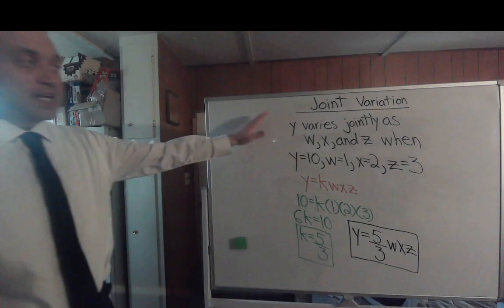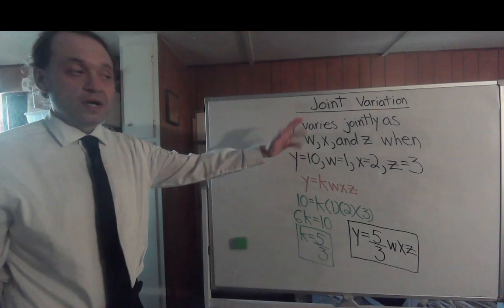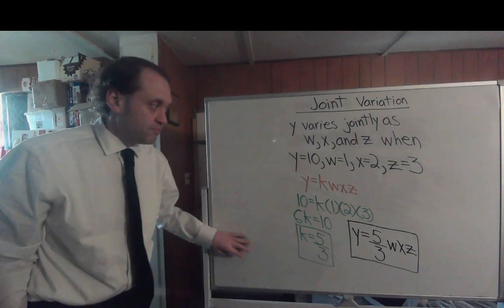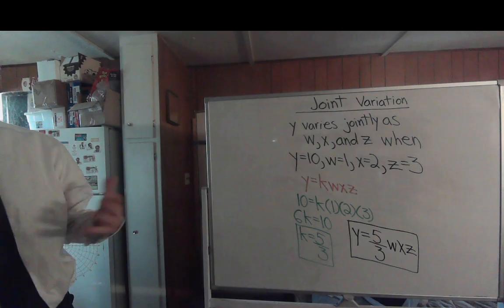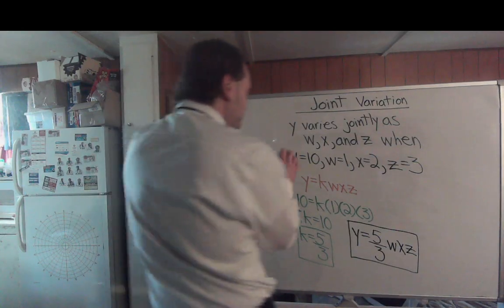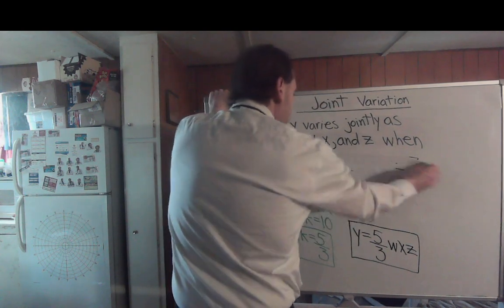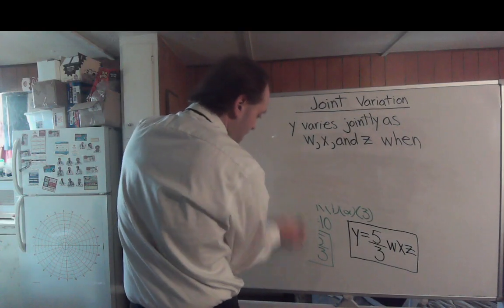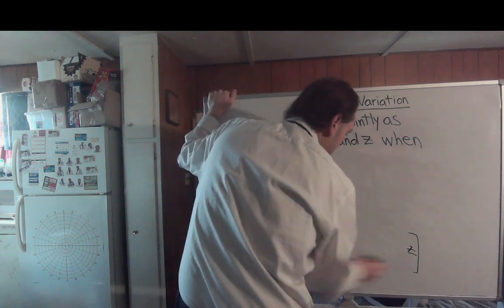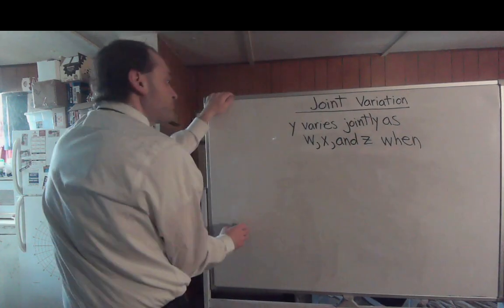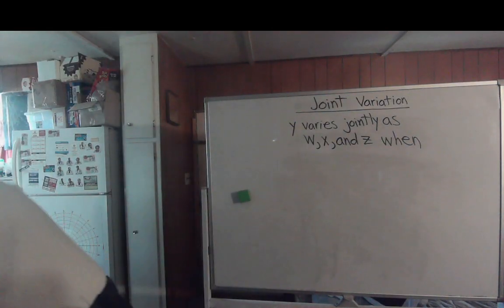If it just reads that y varies jointly as several variables, then it's direct variation just with several variables. That's really all that is. I'll do a couple more of this type. There is another type also, joint variation, but we'll get into that in a minute here.